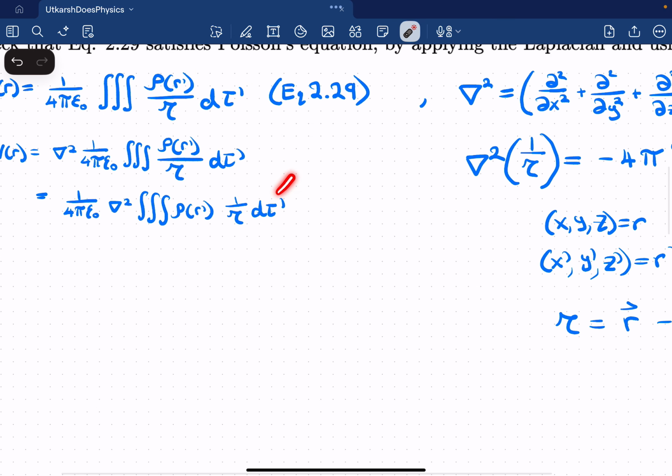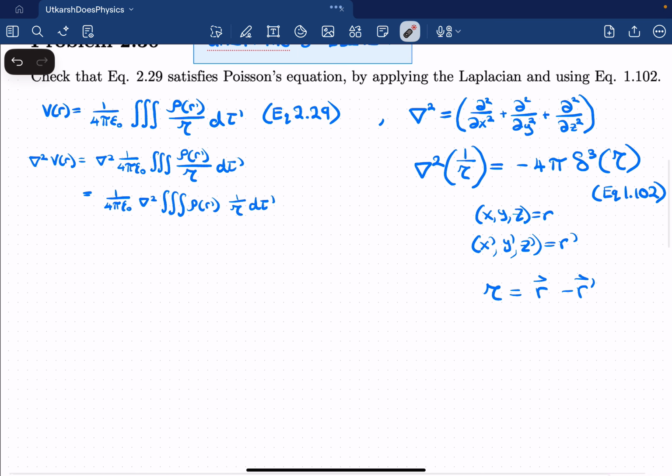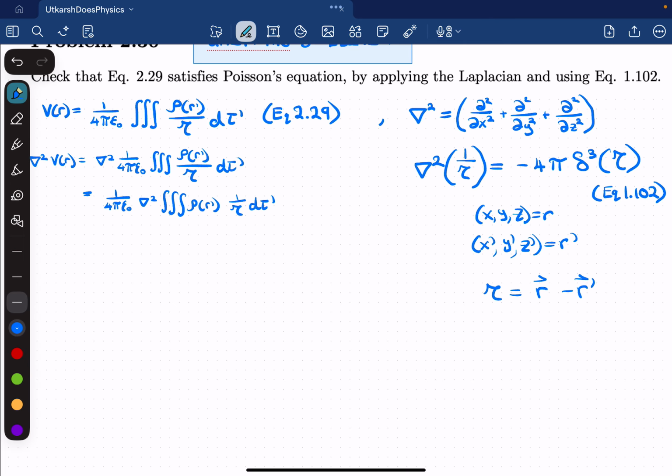The integrals are over d tau prime. And because these integrals are over d tau prime and not x, y, and z, as I incorrectly said earlier, that means that we can bring this Laplacian operator inside the integral. So when we do that, we just drag it in.